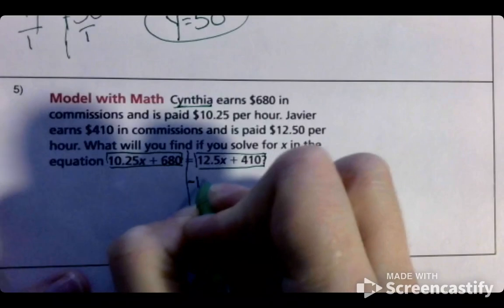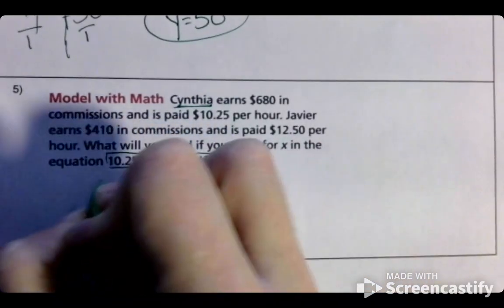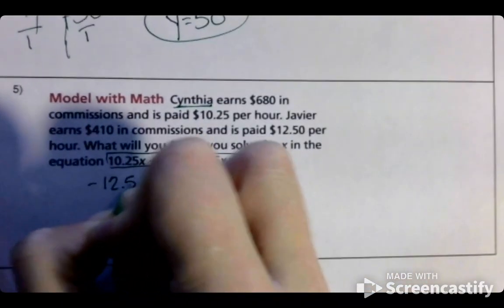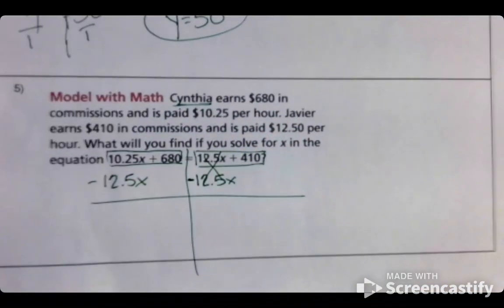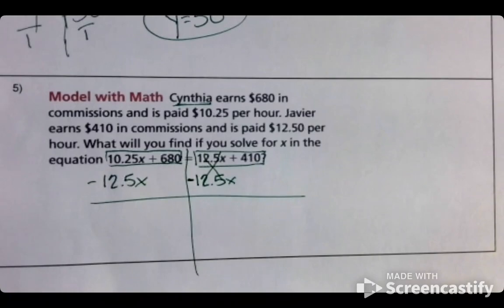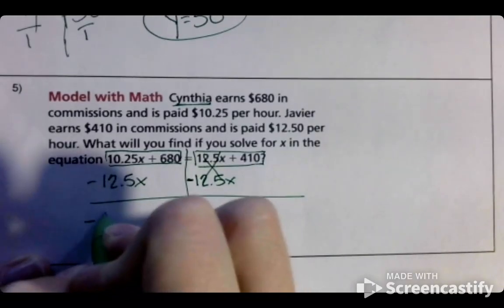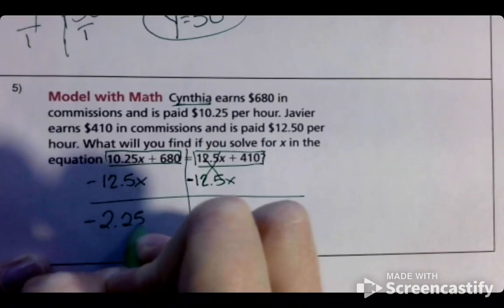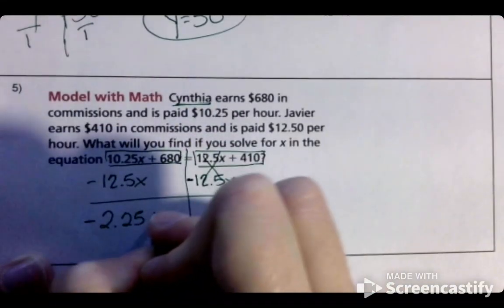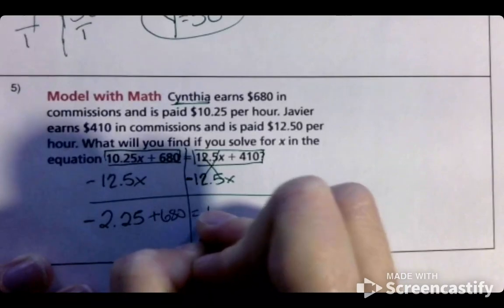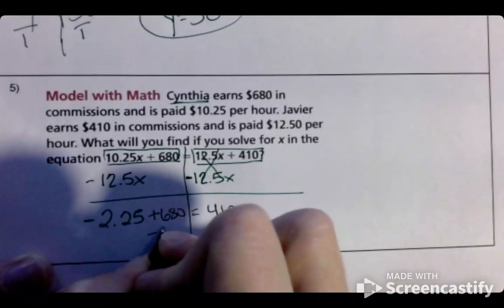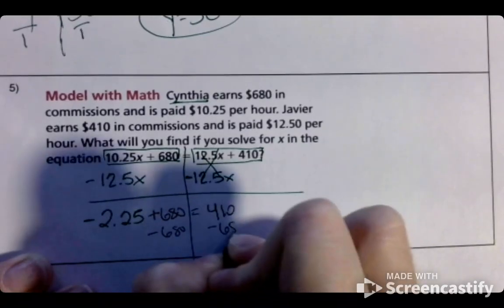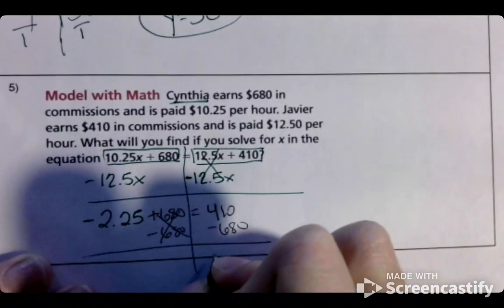Welcome back. So we should have subtracted 12.5x from both sides. That goes away. 10.25 minus 12.5 is negative 2.25x. We still have our plus 680. We still have our 410. And then we are going to subtract 680 from both sides, or you should have.